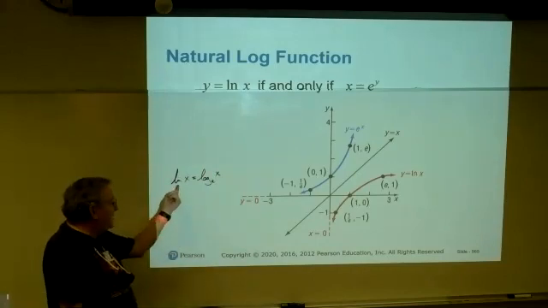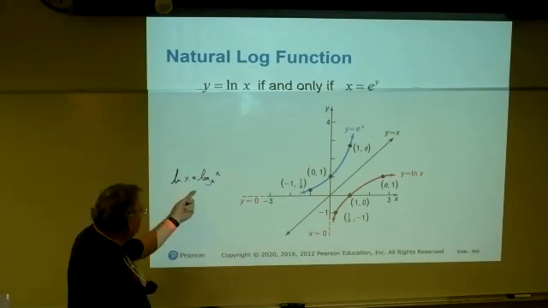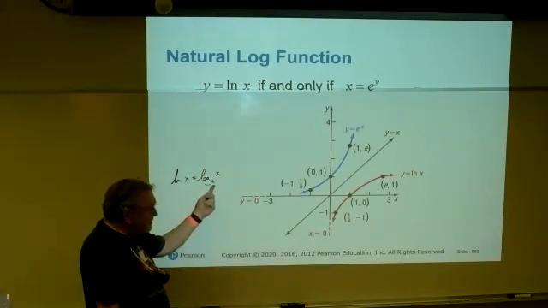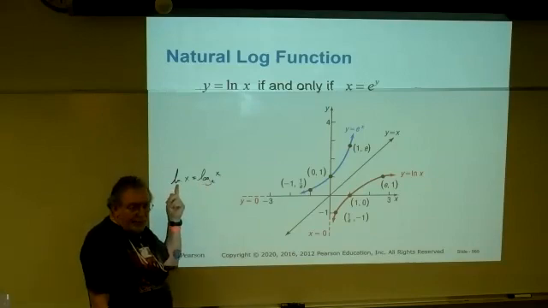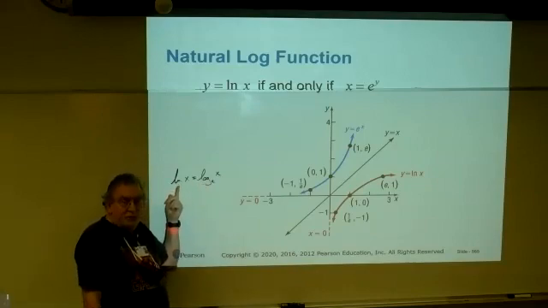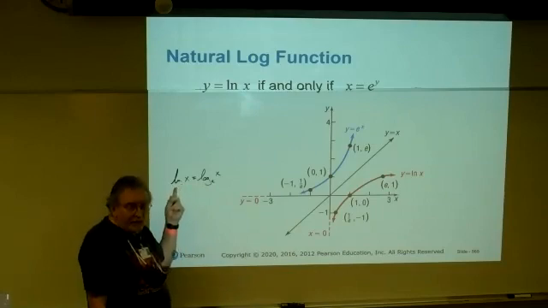Natural log is a common log. It's a log we use a lot. So instead of writing log base e all the time, they decided to shorten it by just using LN for natural logarithm. The N is natural, the L is logarithm, natural logarithm.